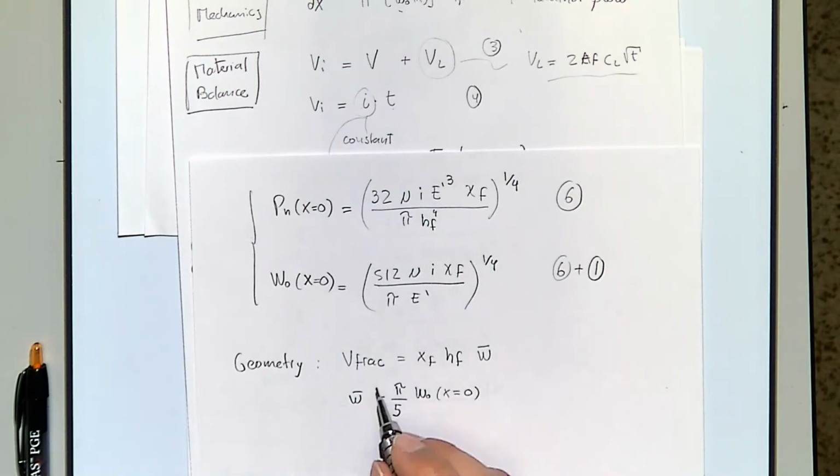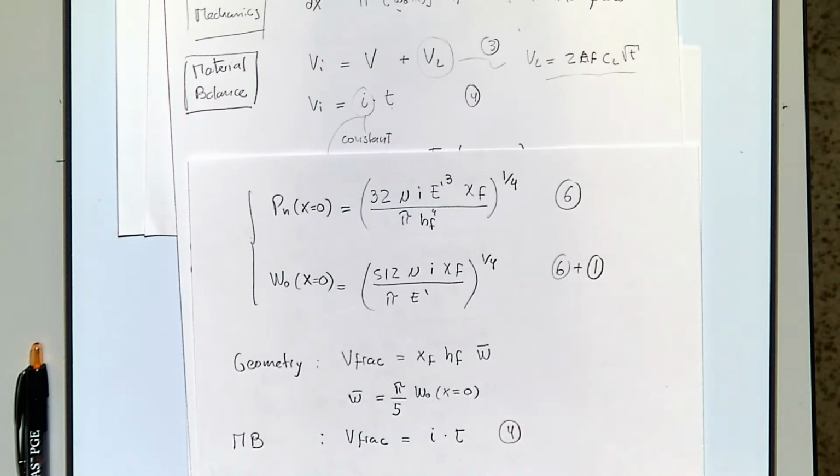All right? So we also know now from material balance, this is not from geometry, and assuming no leak off, that the volume of the fracture is the injection rate times time, which was actually equation number 4.